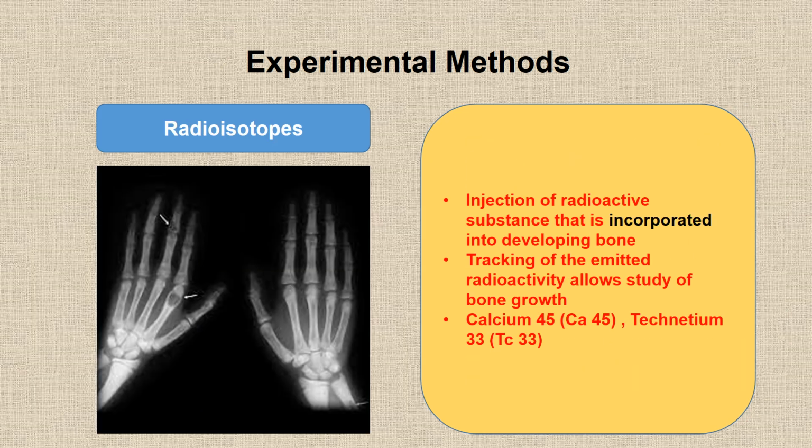Now we also have radioisotopes, whereby injection of a radioactive substance is incorporated into the developing bone. Tracking the emitted radioactivity allows us to study the bone growth. The substances used are calcium 45 and technetium 33.